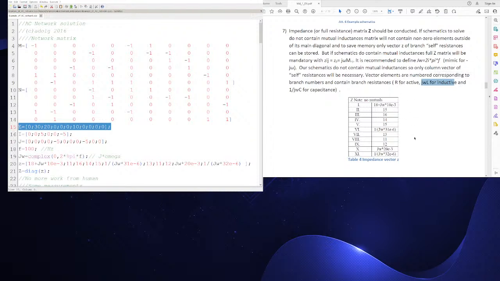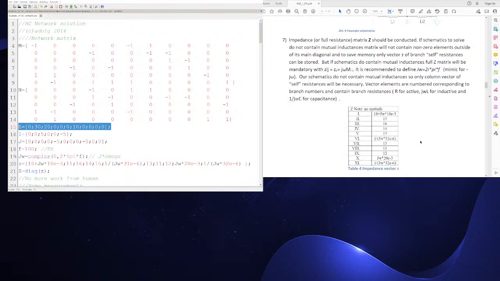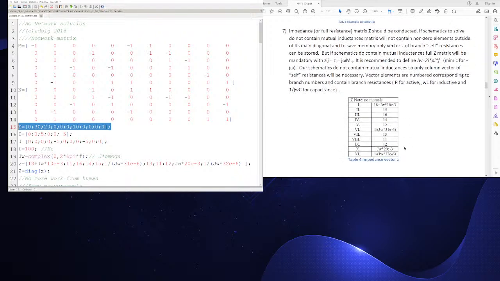Here, I can select it in table form, the vector of impedance for my network, constructed by the branch numbers.